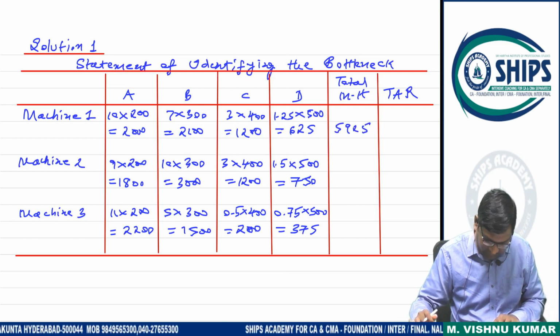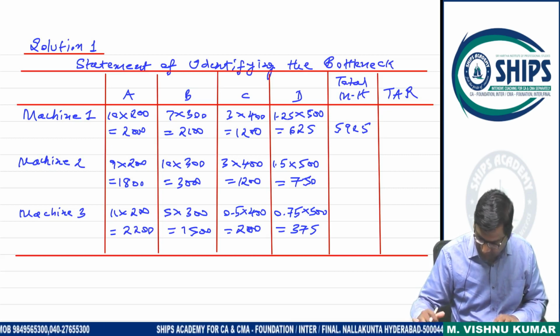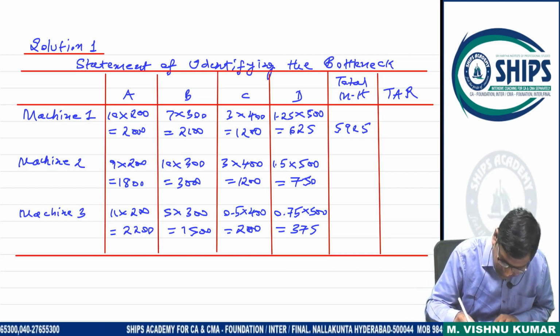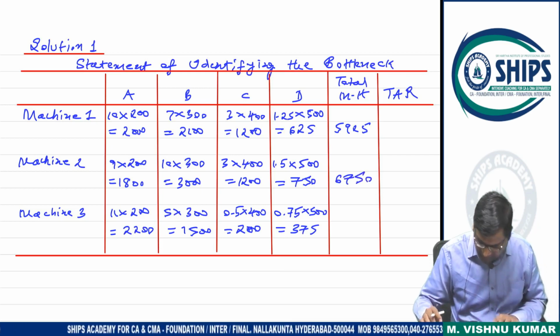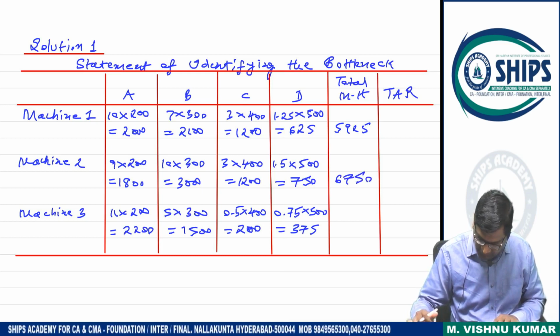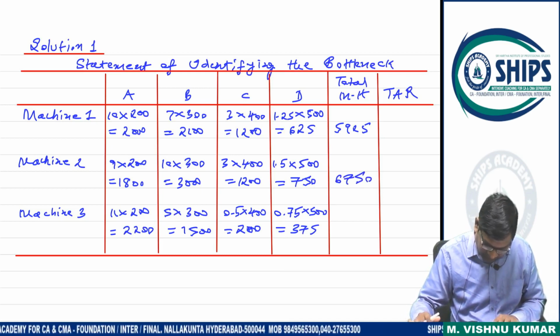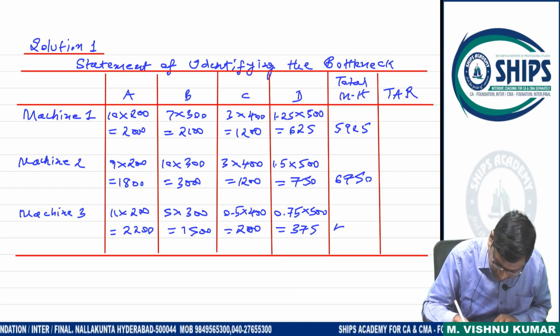Next 1800, 3000, 1200, 750. 6750. 2200, 1500, 200, 375, 4275.